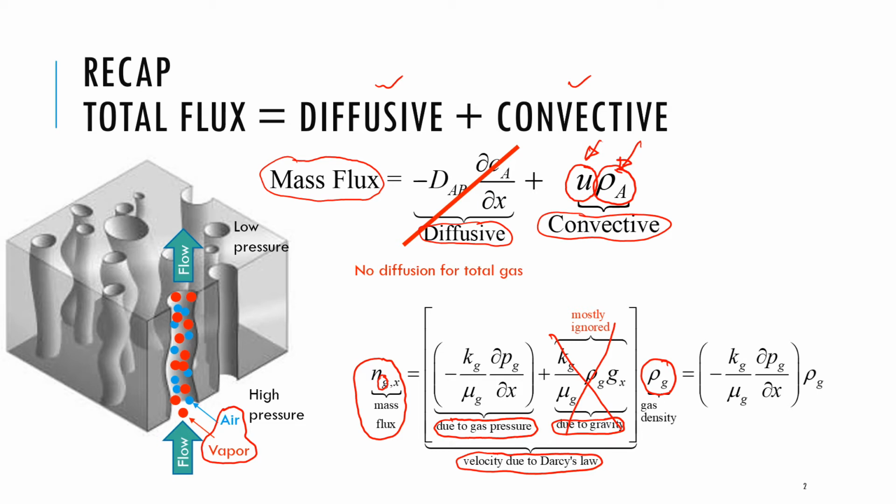So in other words, the mass flux for the total gas is just a convective flux, the Darcy velocity multiplied by the gas density.